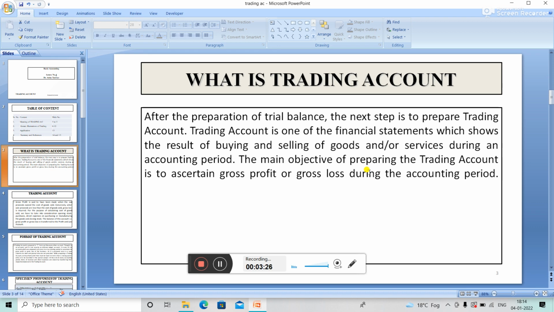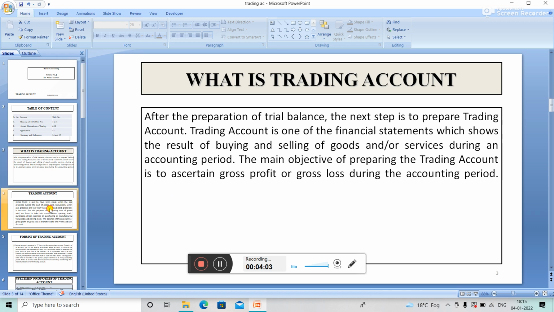What we are going to do is prepare a trading account, and then we will come to know what exactly the expenses were for the purchases, or the direct expenses, and what exactly the sale proceeds we received. The main objective behind preparing this trading account is to identify the business house's gross profit or gross losses in the particular financial year. I hope this is clear.